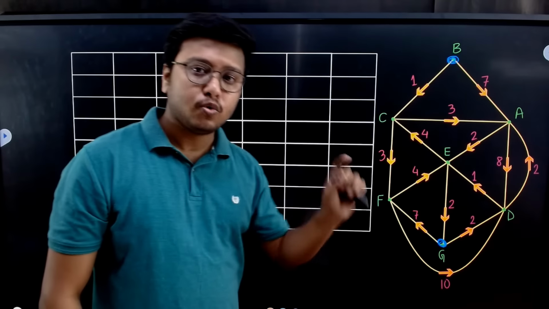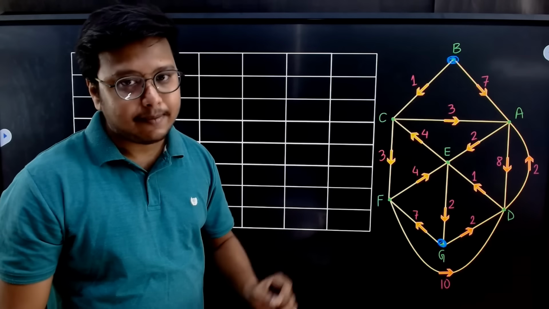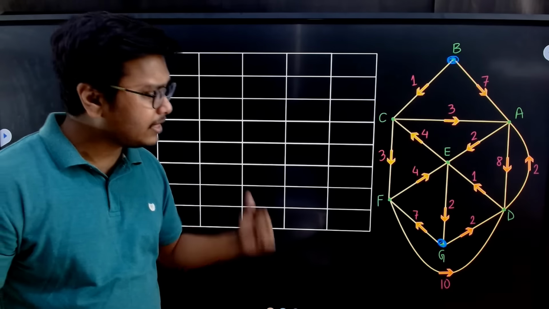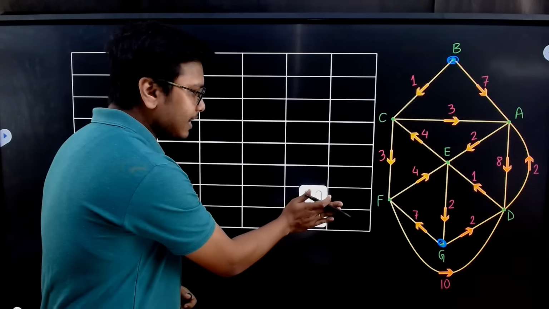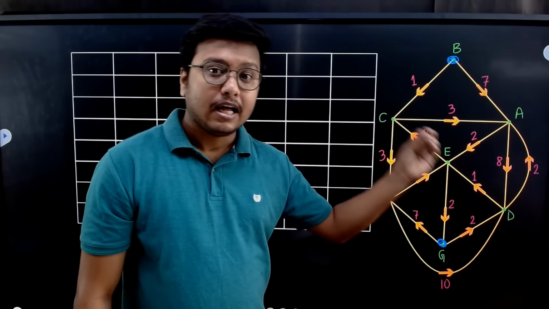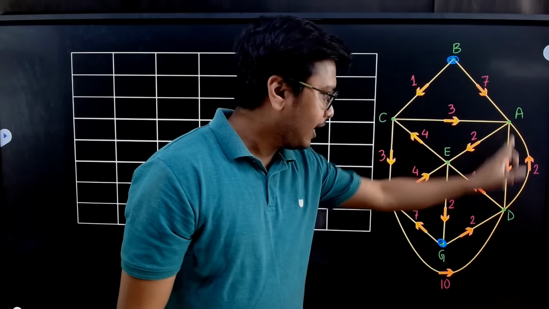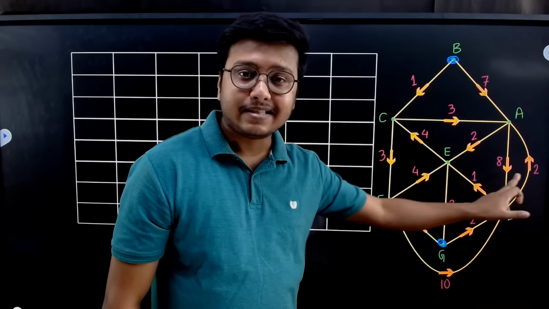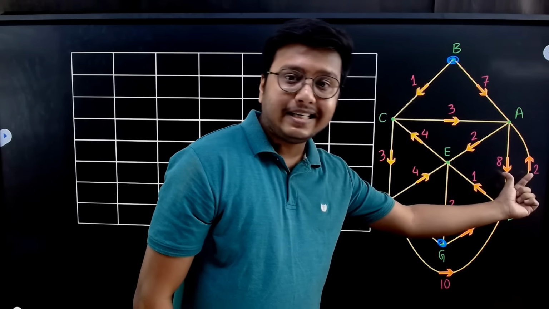So the very first rule remains same, that is, we need to remove any self loop or any parallels present. Now the question, is there any self loop? Obviously no. Everyone can see that there is no self loop in this graph. Now is there a parallel? Some of you may think yes, from A to D there's a parallel. No, this is not a parallel. These are having opposite directions.